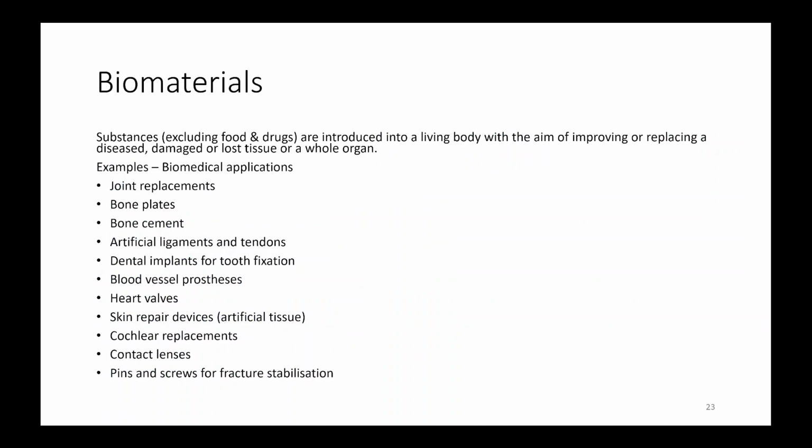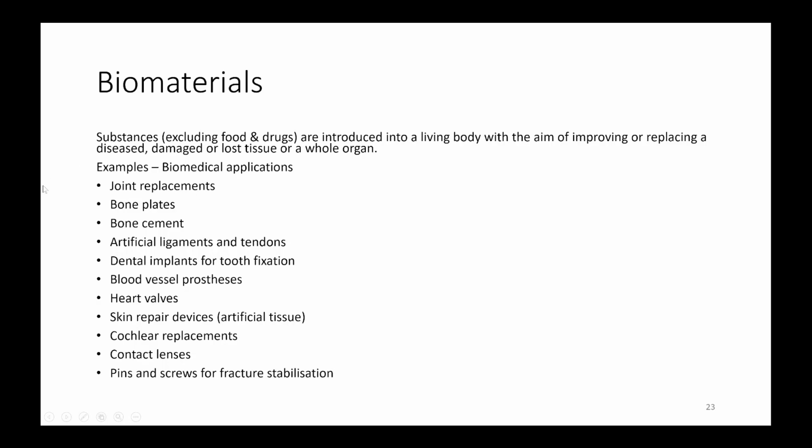Another class is biomaterials. These are substances, excluding food and drugs, that are introduced inside the living body with the aim of improving or replacing a diseased or damaged lost tissue or a whole organ. Some of the examples are joint replacement, bone plates, bone cement, some dental implants, heart valves, or contact lenses.